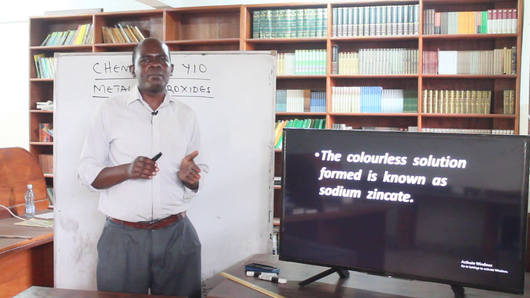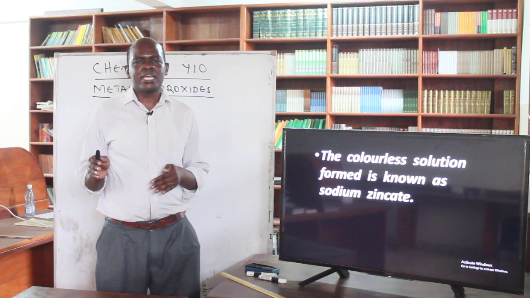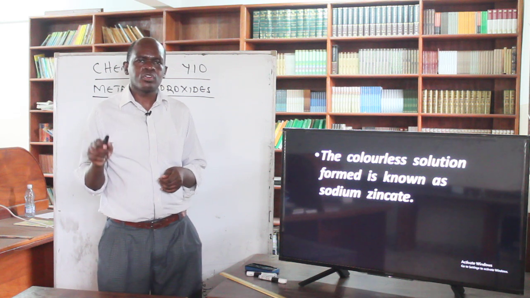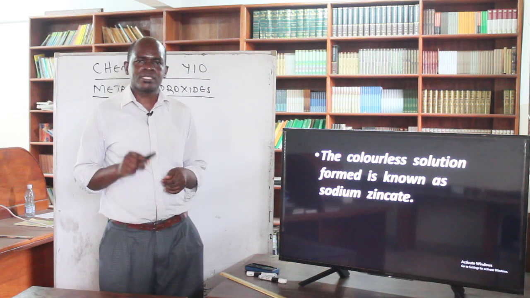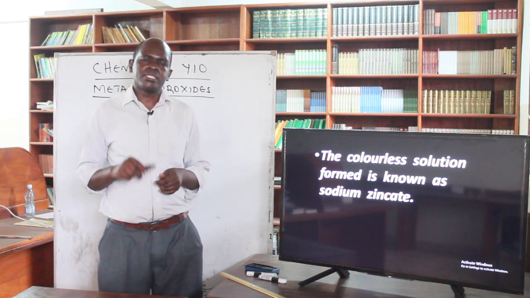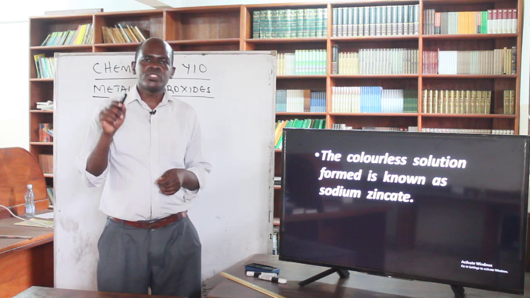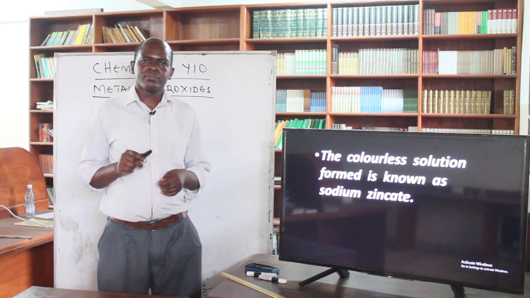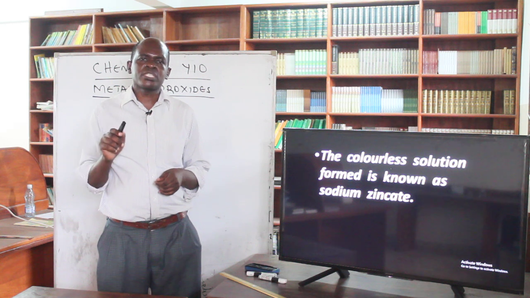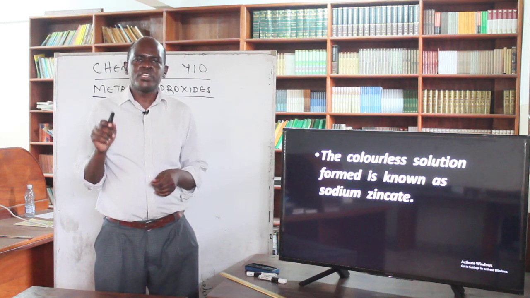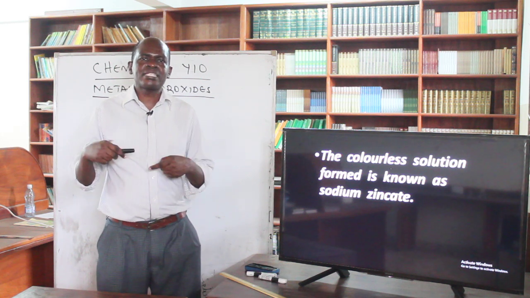If you still remember, in our earlier lessons, we talked about amphoteric oxides and hydroxides. One of them was zinc oxide and zinc hydroxide. So when this zinc hydroxide reacts with the sodium hydroxide, the zinc hydroxide will be reacting as an acid.